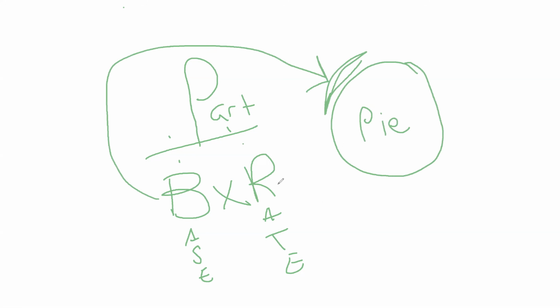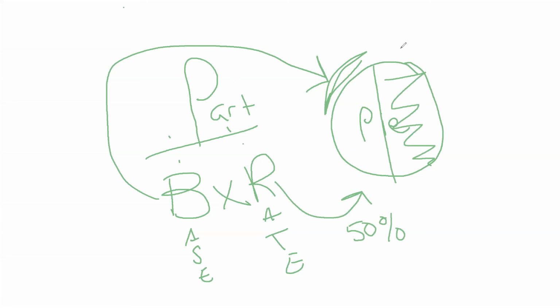The rate is what percentage we take out of the pie. So let's say I cut myself a Stu-sized slice, and you guys are saying, Stu, that's half of the pie. You're right. That's 50%. That's a Stu-sized slice. And then the part is the actual slice.